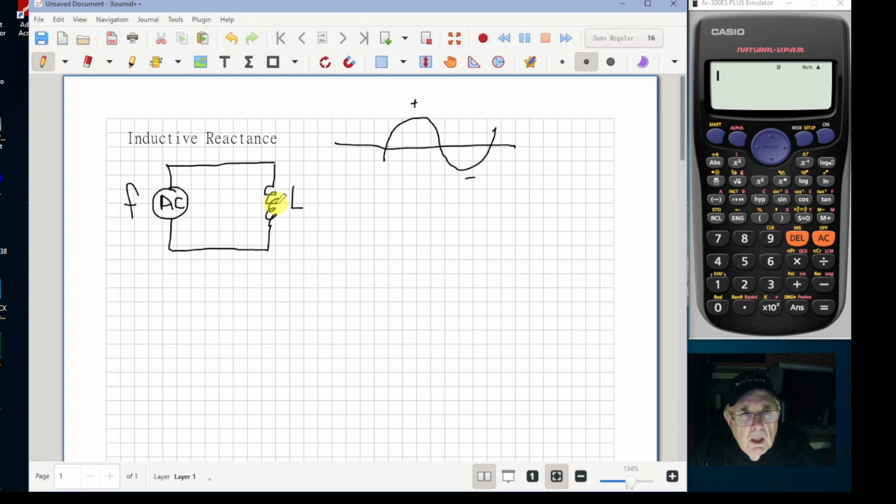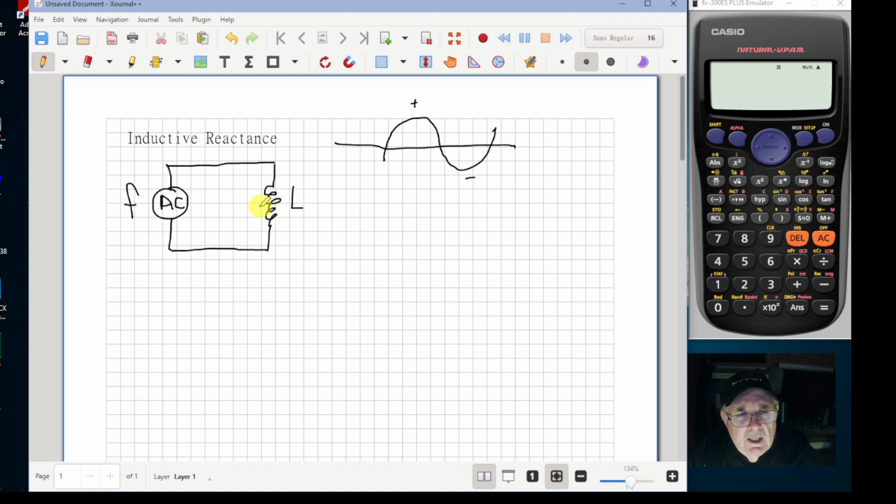So there is a direct relationship between how much reactance, remember reactance is the resistance to a change in AC current, and how it resists that.